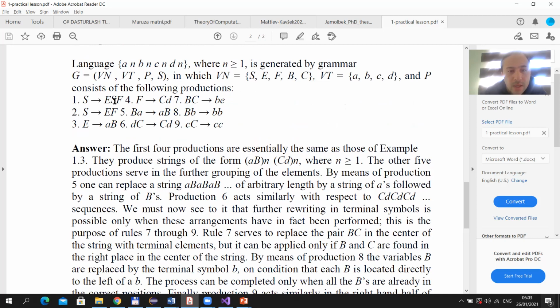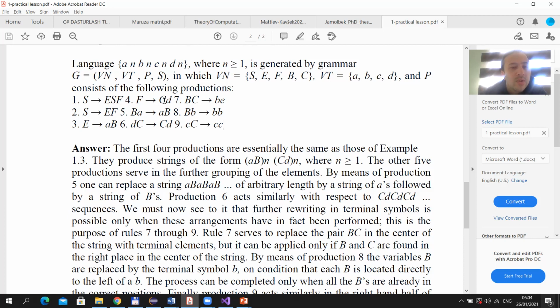If we repeat the procedure, the first, second, third rule from the previous example, if we put S many times to its place, we will use n times E. For example, if we put n-1 times E, n-1 times F, and then if we put EF instead of S, then n times E, n times F. And then if we put AB instead of E, we will get n times AB, and F is CD.